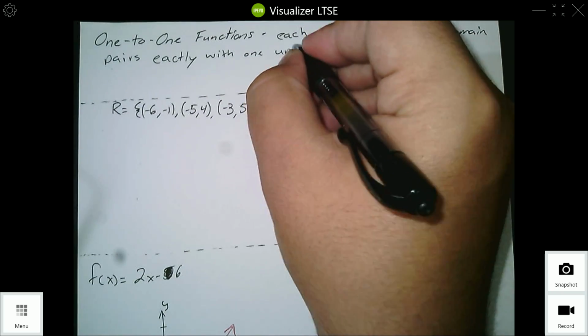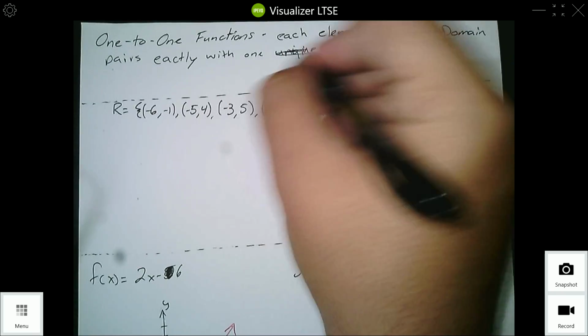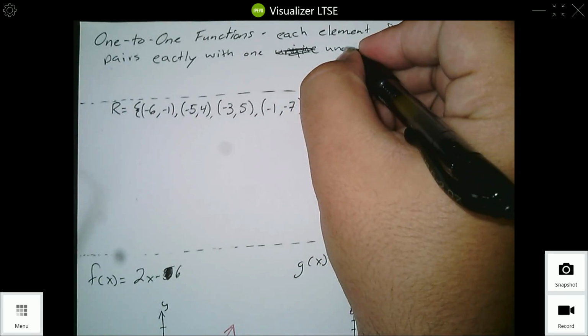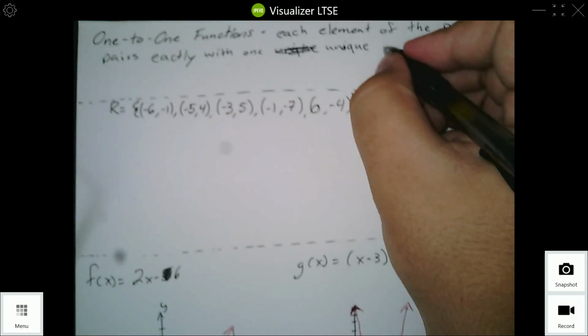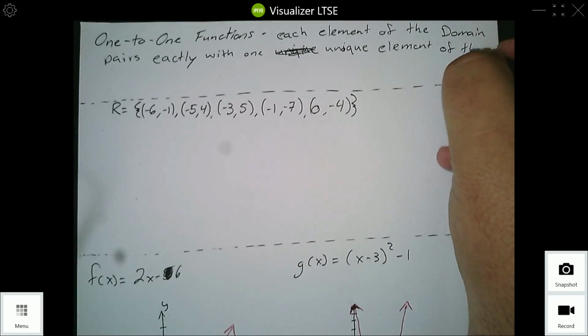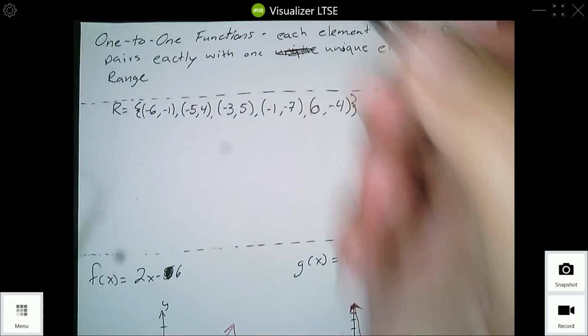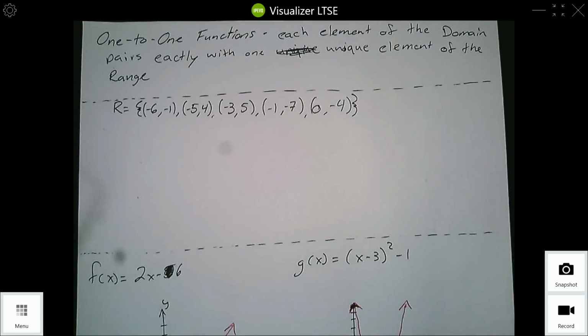And I'm going to spell unique. Perfect. Oh well, I did it again. Unique element of the range.